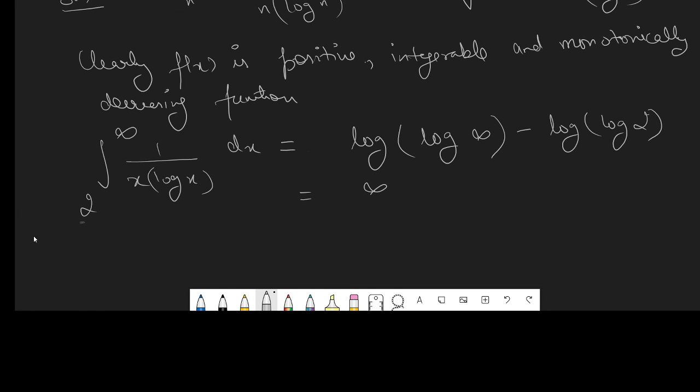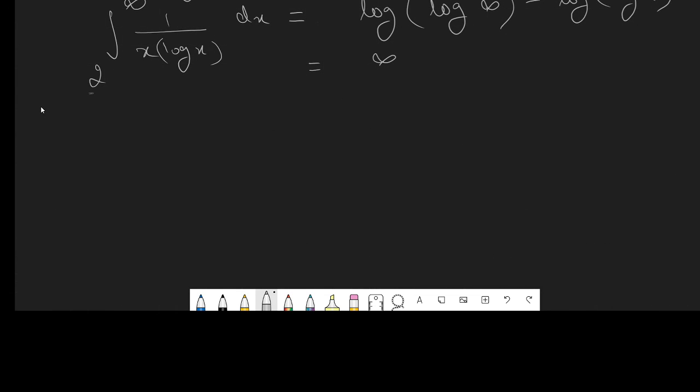As we are getting infinity, that means it is not convergent, that is, the integral of the function is divergent.